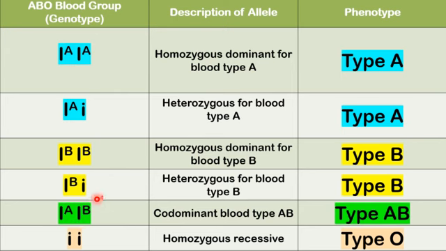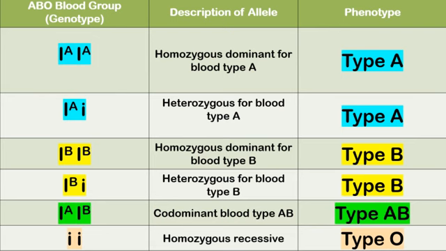Type A and type B are expressed in this kind of blood type. And the last kind of blood group is the type O, which is described as homozygous recessive. Homo means they are the same, and they are written in small letters, meaning that they are recessive. And for your information, type O is universal donor.